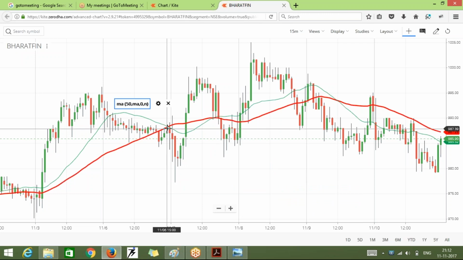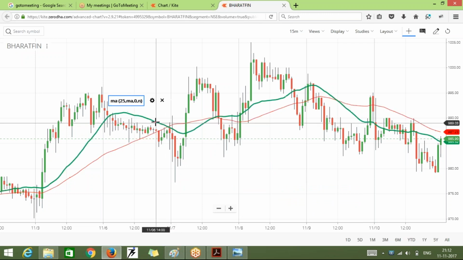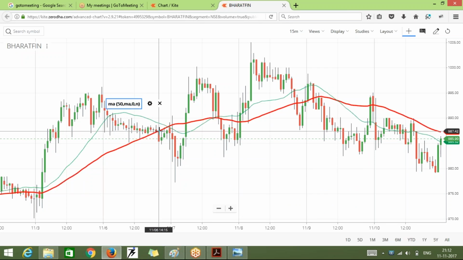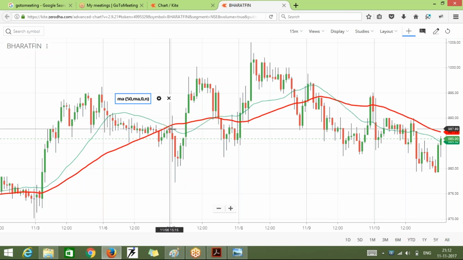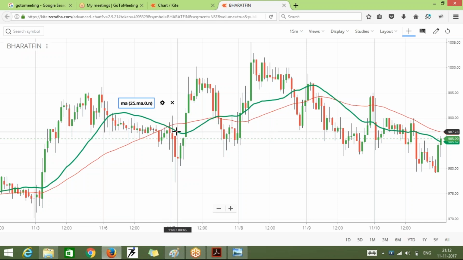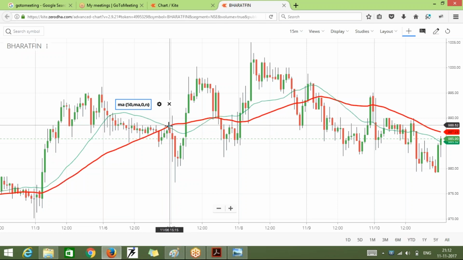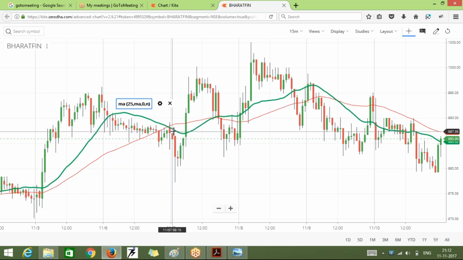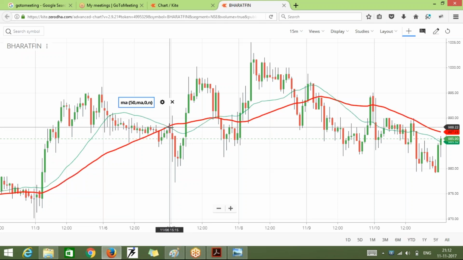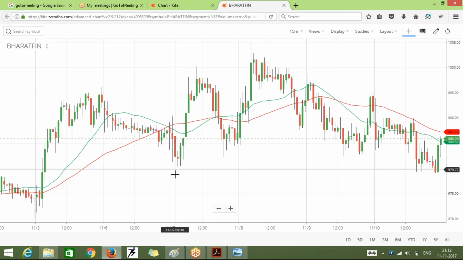There is a crossover here. The green one is a 25 period SMA and the red one is a 50 period SMA. There is a crossover here, and the lower SMA is coming up over the higher SMA. So exactly as I said, a buy signal was given at this candle itself. So you can see how it decreased to this level.